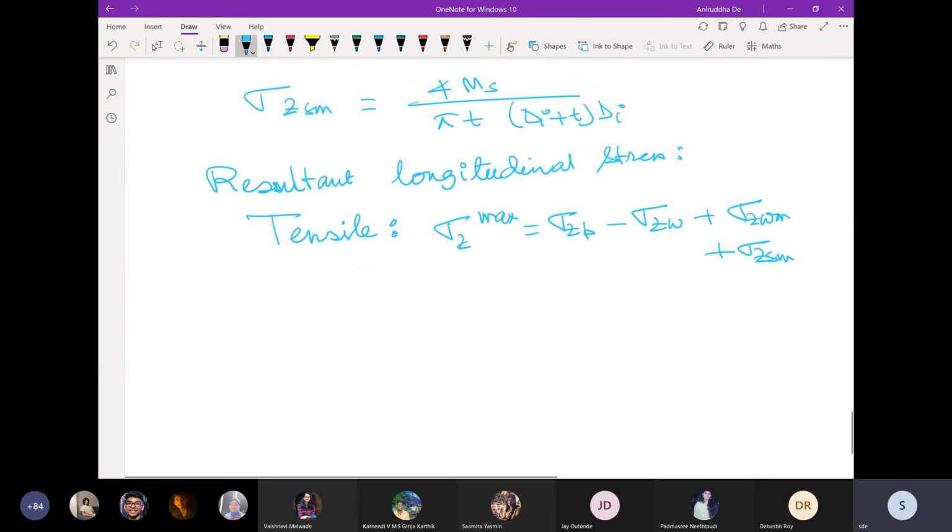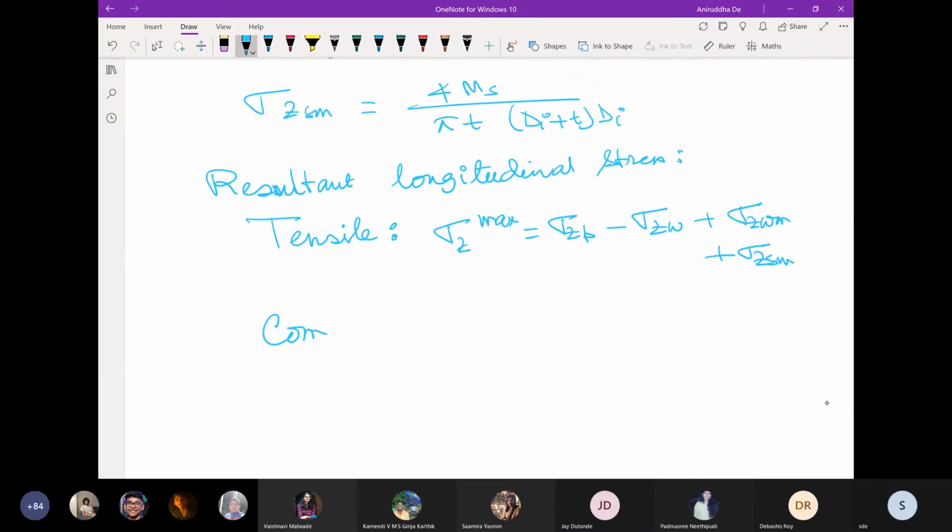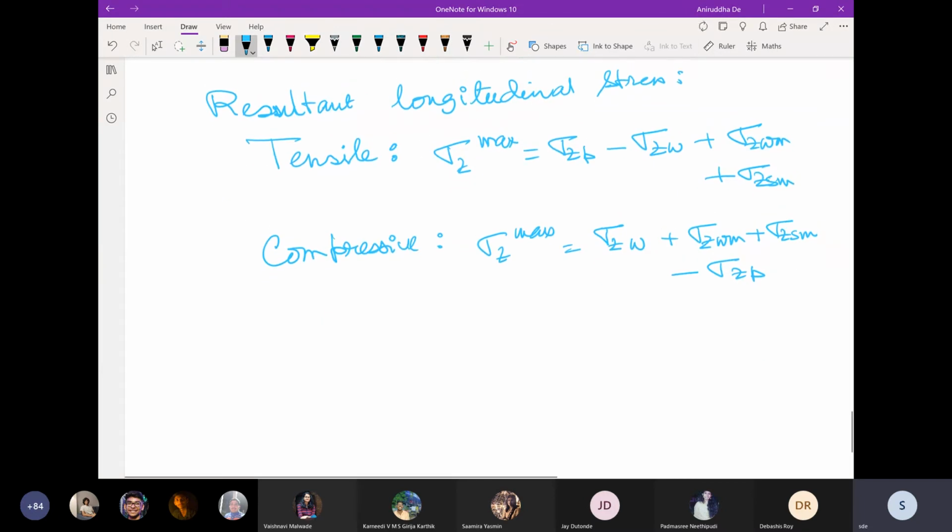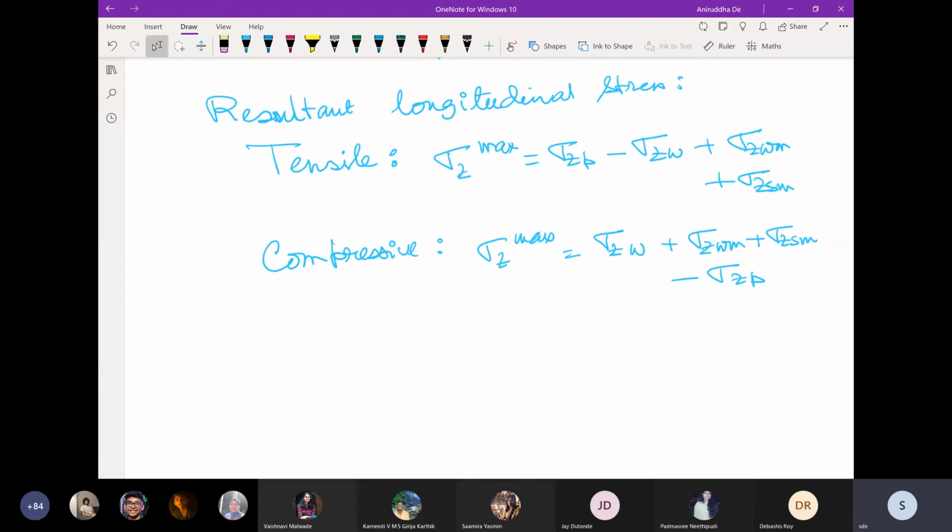Similarly, the resultant compressive stress sigma Z maximum should be sigma ZW plus sigma ZWM plus sigma ZSM minus sigma ZP, because sigma ZP is a tensile stress. So we're calculating both the compressive stress maximum value and the tensile stress maximum value.